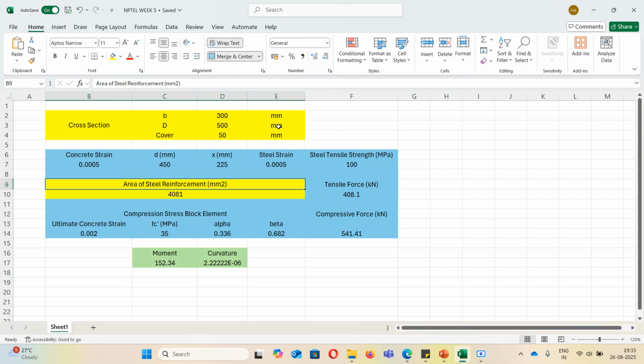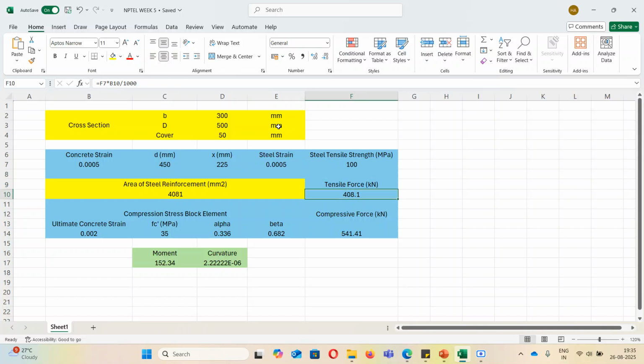Now I know the area of reinforcement. So if I know the tensile strength and the area of reinforcement, I can calculate the tensile force. For concrete, I know the ultimate concrete strain, that is 0.002. This we have already fixed, so I place it in a yellow block. The grade of concrete is also known to us, so alpha 1 and beta 1 I can calculate.